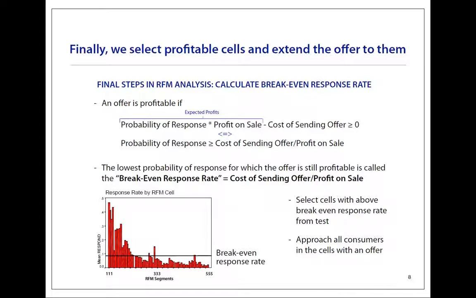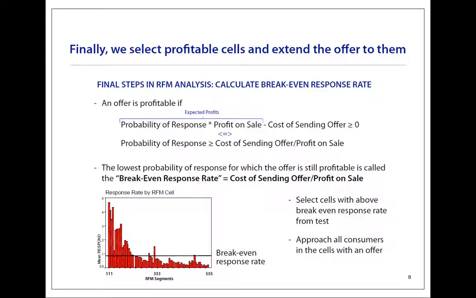The way to think about this problem is that, suppose we know the response rate of a person, and we also know, if this person makes the purchase, what the profit margin will be. We also know the cost of communicating with this customer regarding this offer. If we put these three numbers together, the probability of responding to this offer times the profit when this customer makes the purchase gives us the expected profit.